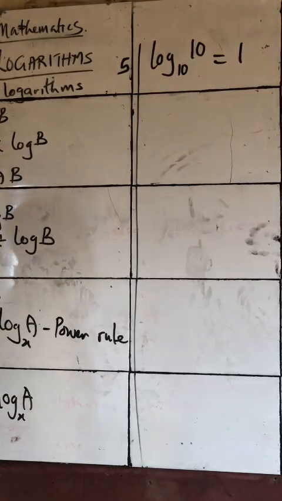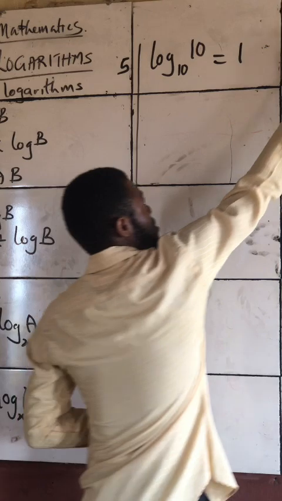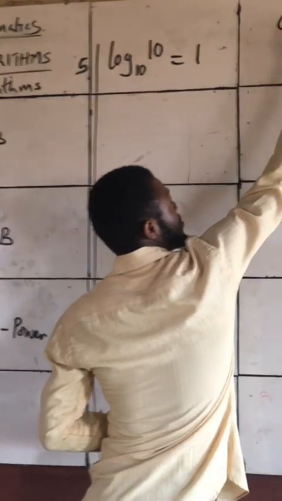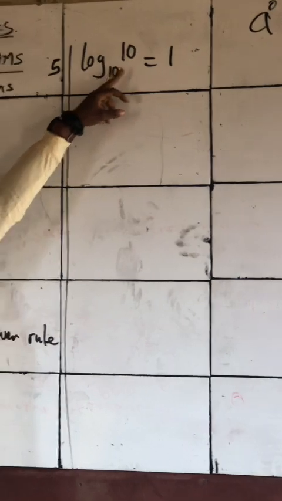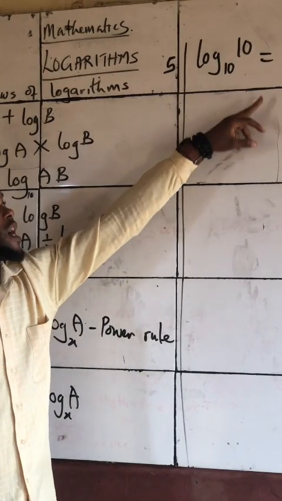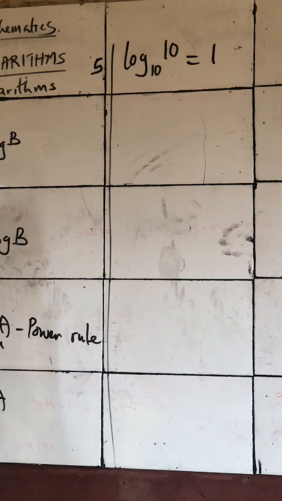So that is the difference between indices and logarithm. Indices will tell you that when it is raised to power 0, you have 1, but logarithm will tell you that log 10 base 10 is 1.